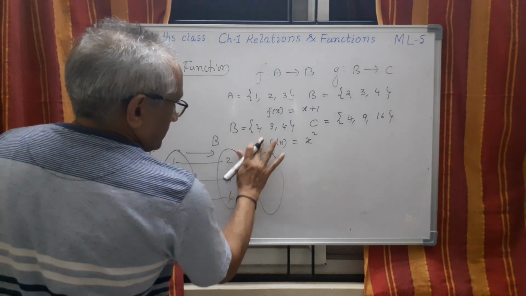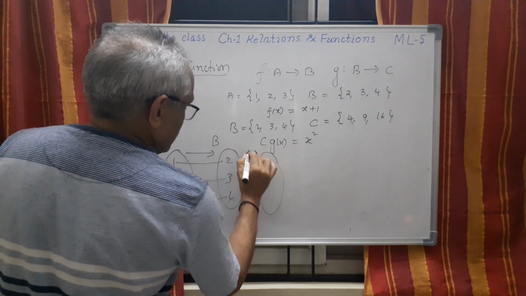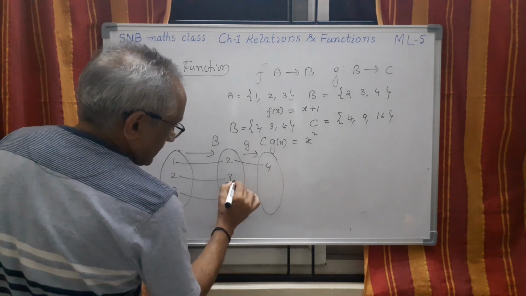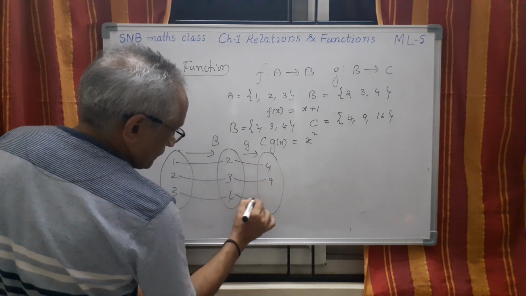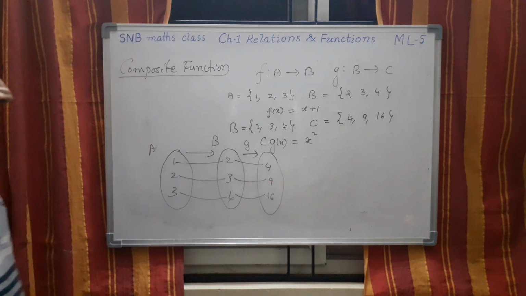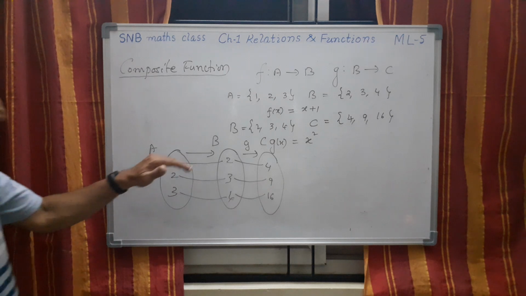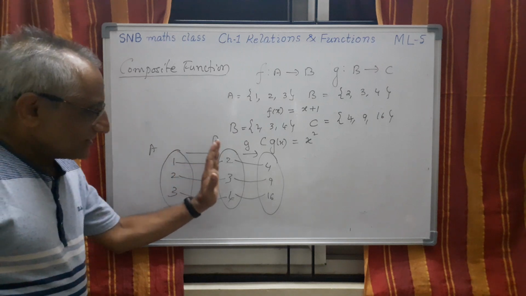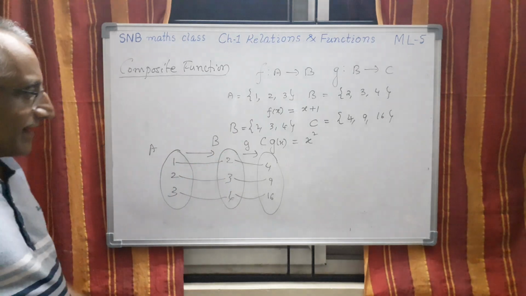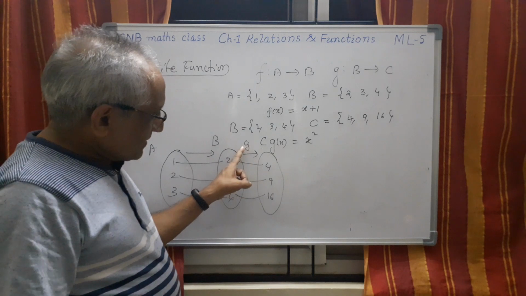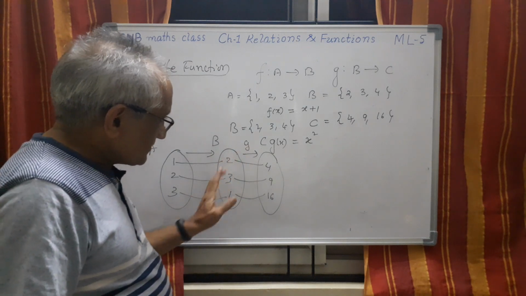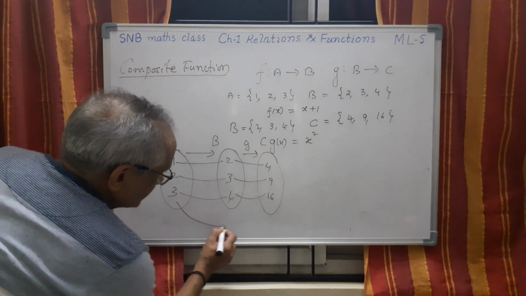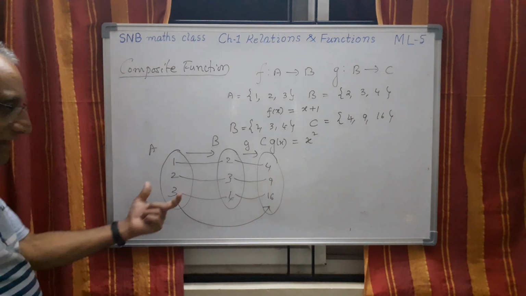Under the map G, this 2 is going to 4, this 3 is going to 9, 4 is going to 16. So imagine like this. This function takes all the elements here to this 2, 3, 4. And in turn, this function takes all these numbers to these numbers. So you can imagine that this itself is a function combining these two.